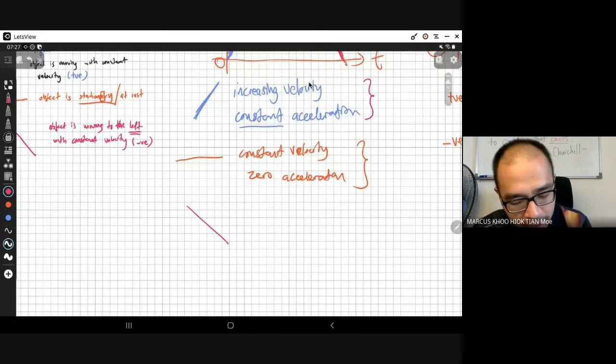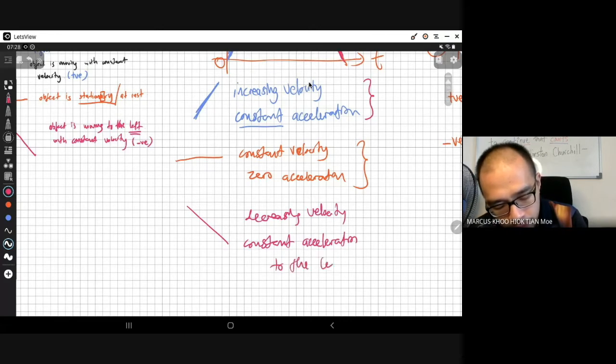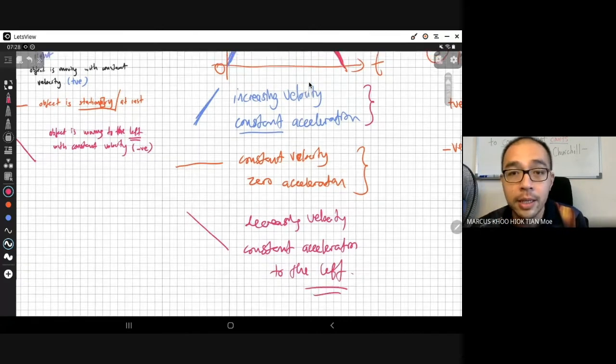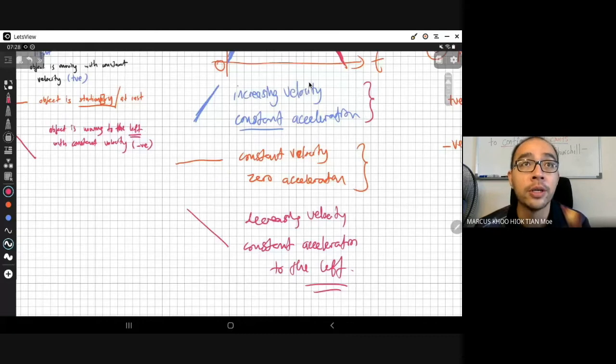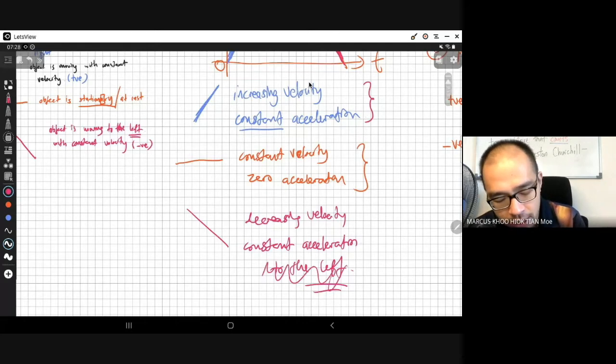Okay, sloping down like this. This will be decreasing velocity and constant acceleration to the left. Sorry, my mistake. Not constant acceleration to the left. Constant deceleration.